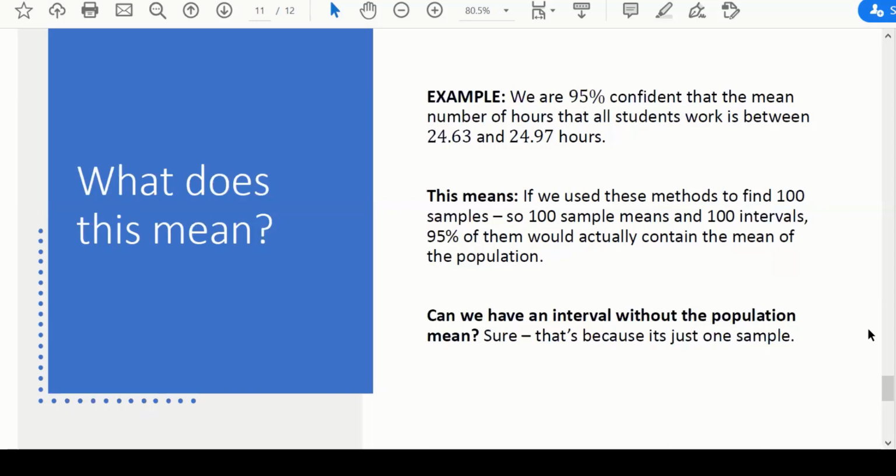Then 95% of them would actually contain the mean of the population. Can we have an interval that doesn't have the population mean? Yes, because it's just one sample and it might be very high or very low, what we call extreme.